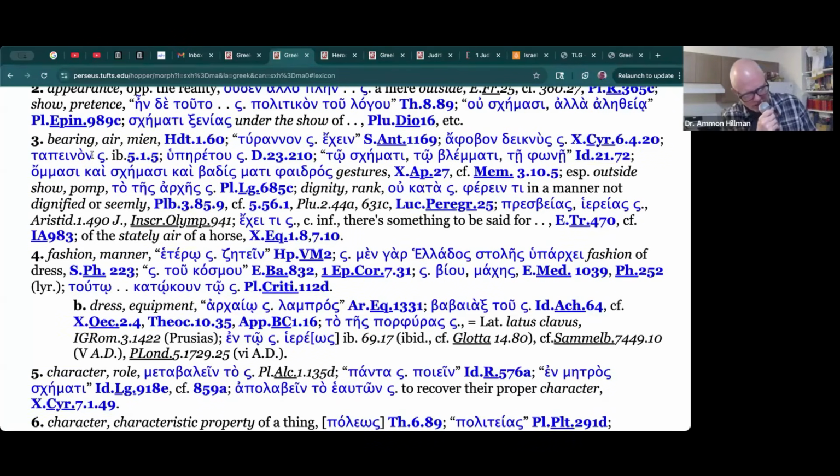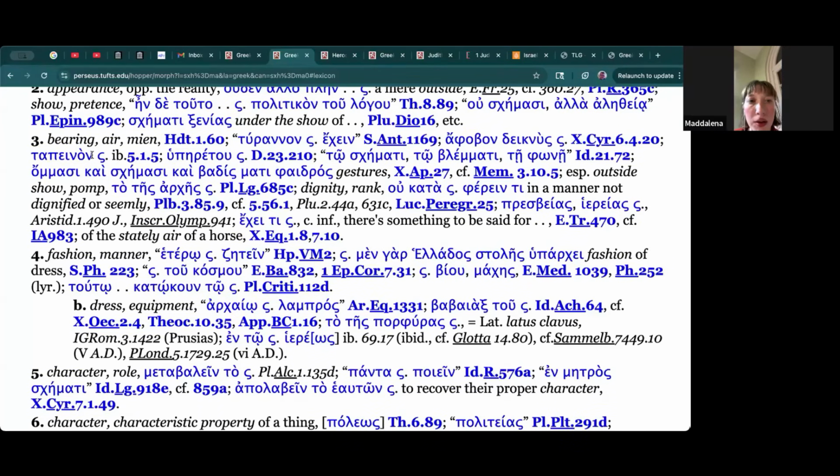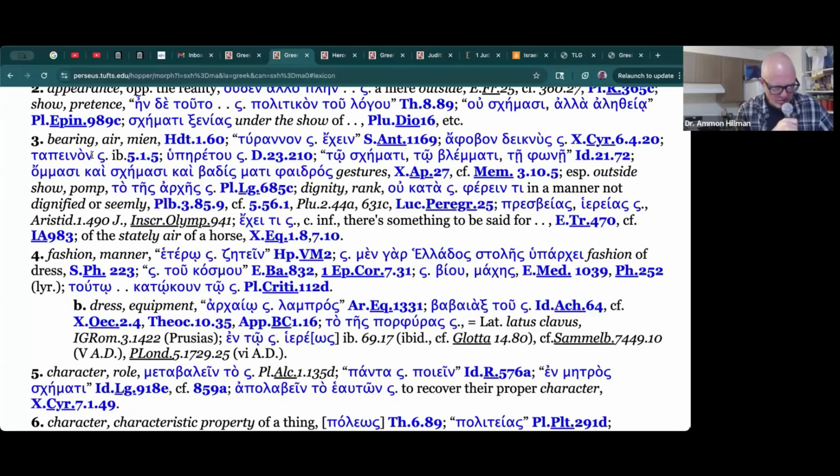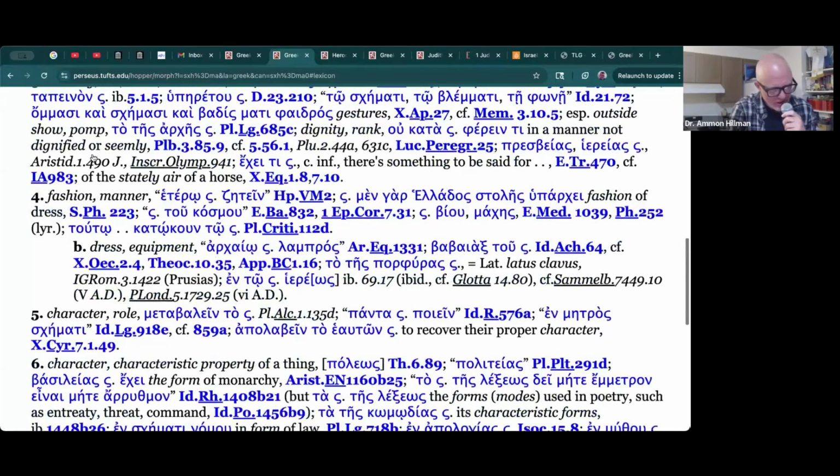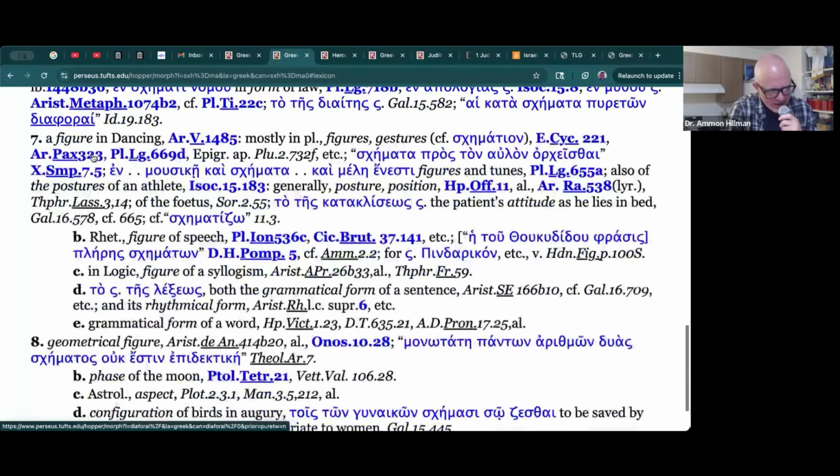Is that what your bearing is? What's your character? In what way, Manner. Manner, do you do things? Your fashion, your manner, right? What is Maddalena's character, if we had to sit down and figure that out?